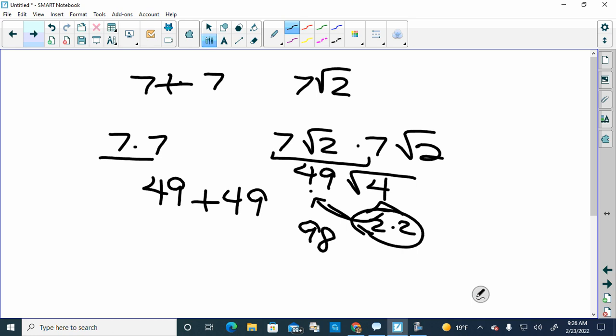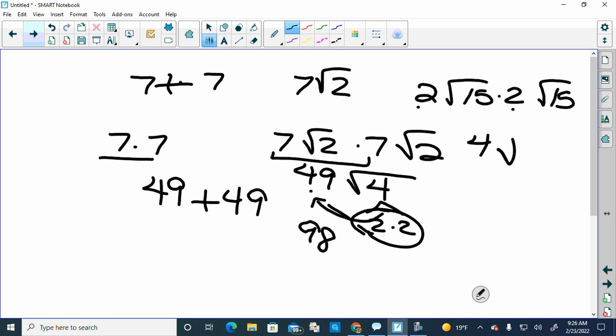Same thing on 14, where you've got 2 rad 15 multiplied by 2 rad 15. So 2 times 2 would be 4. And then underneath the radical, you could put those together if you wanted to, but what do you notice when you're putting them together? They're the same. Just remember, only take one of them out.